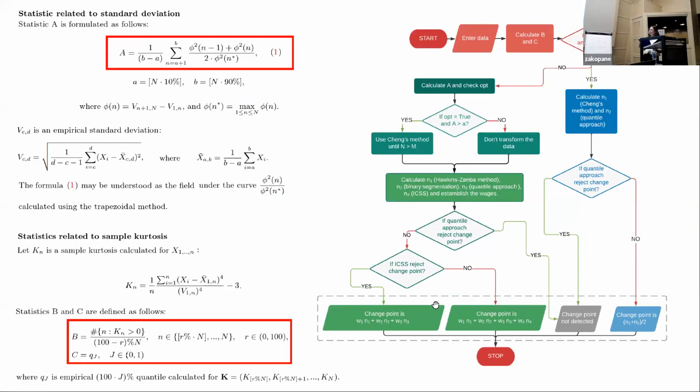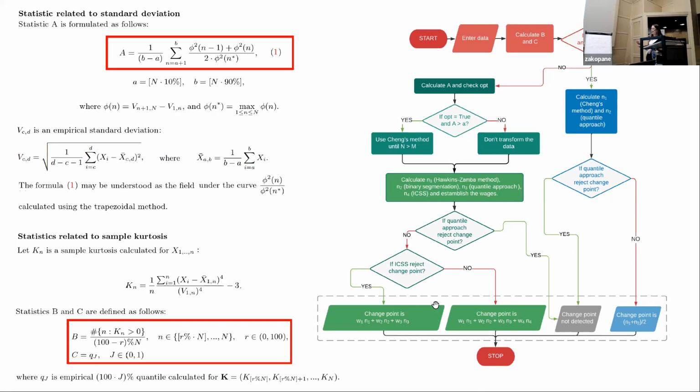On this slide you can see the scheme of our new method for detecting change points. On the left-hand side, we can see the formulas for the three statistics that we used in this procedure.